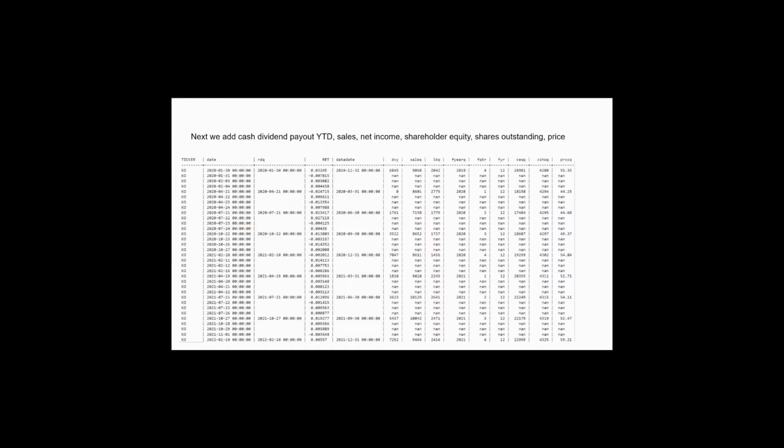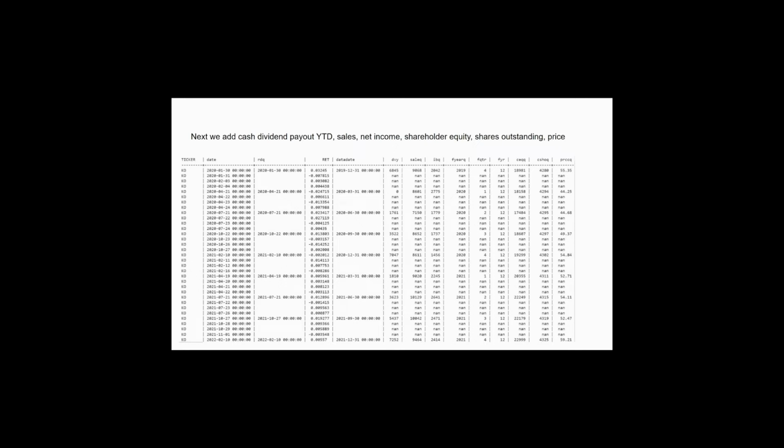And this is what we get: dividend yield, sales, income, fiscal quarter, fiscal year, shareholder equity, common shares outstanding, and price. Because we merged on RDQ and ticker, we only have the CompuStat data for the rows that also have RDQ. And this is fine.